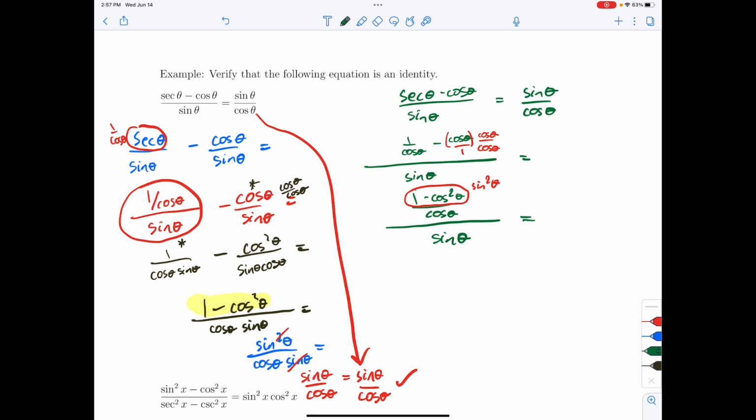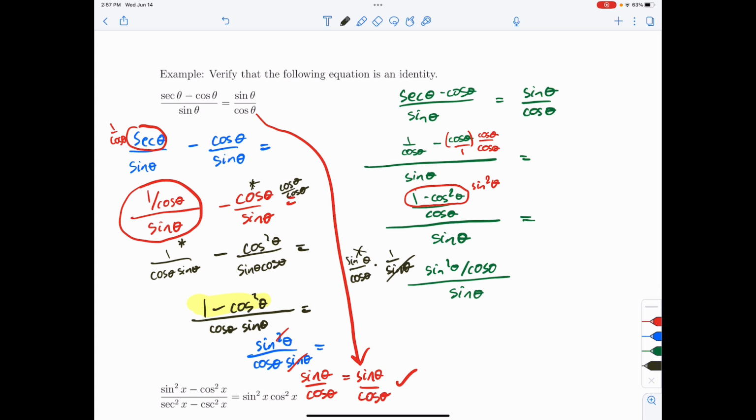So I have a fraction within a fraction. So this is going to be sine squared of theta over cosine theta, all divided by sine theta. And again, remembering how we divide fractions, I'm going to just erase that and change it to multiplication and the reciprocal. So times 1 over sine theta. And simplifying, this sine squared becomes a sine and it cancels with that sine.